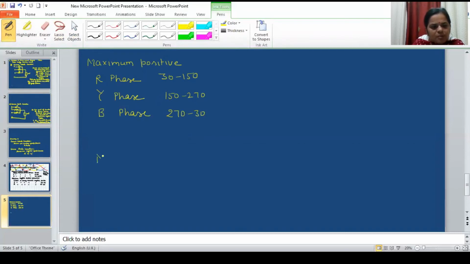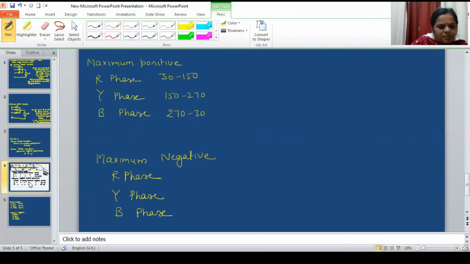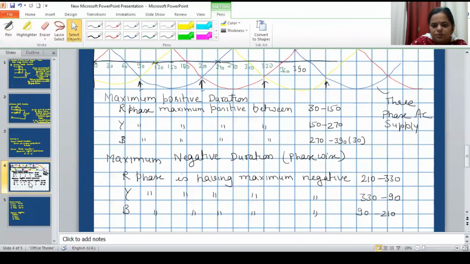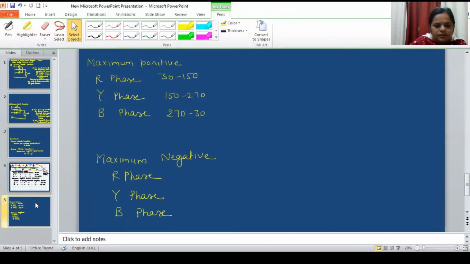Whereas for maximum negative, the R phase is 210 to 330, the Y phase is 330 to 90, and the B phase is 90 to 210.